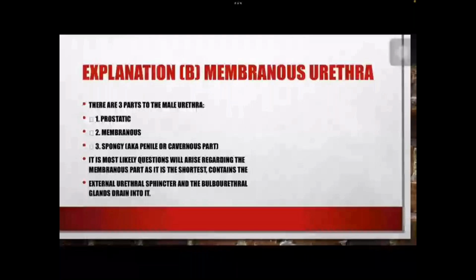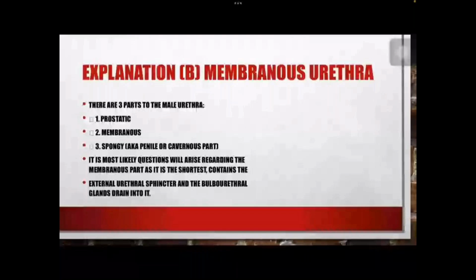So can you tell me what is the dimension of the urethra? Urethra length in female is approximately 3.5 to 4 centimeters, and in male it is 20 centimeters. Yes, it's correct. And there are three parts of the male urethra: prostatic, membranous, and spongy part.